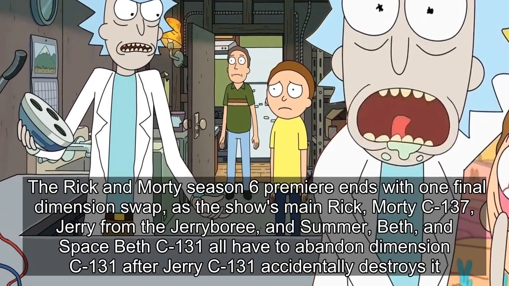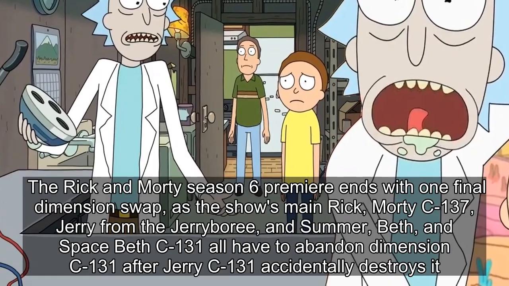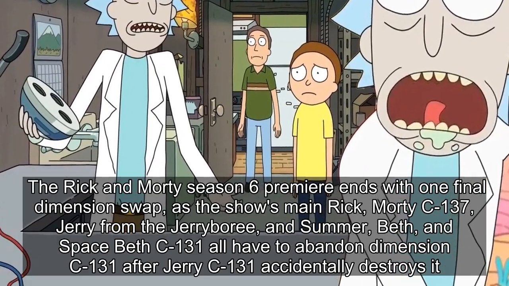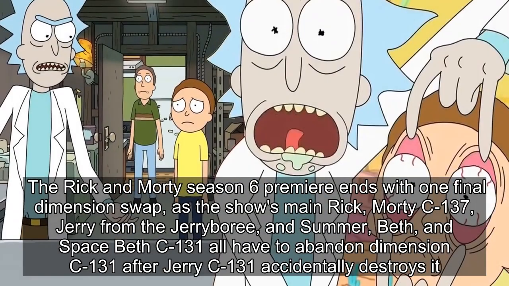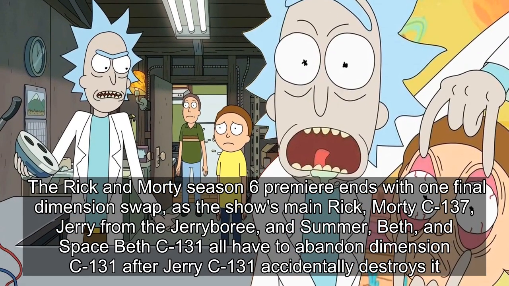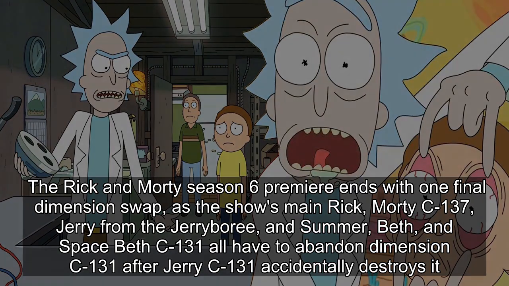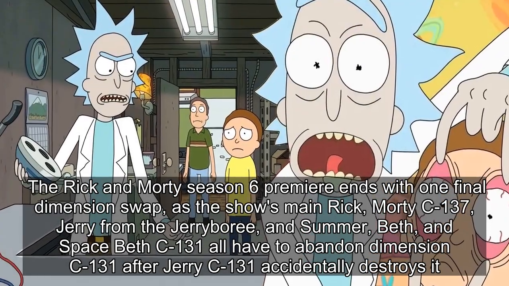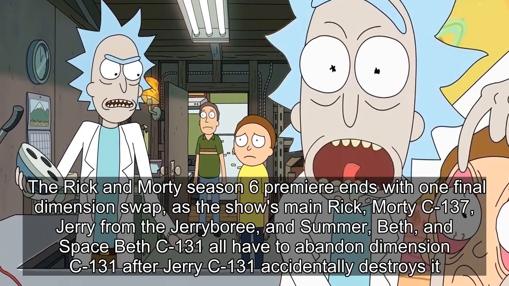The Rick and Morty Season 6 premiere ends with one final dimension swap, as the show's main Rick, Morty C-137, Jerry from the Jerrybury, and Summer, Beth, and Space Beth C-131 all have to abandon Dimension C-131 after Jerry C-131 accidentally destroys it.